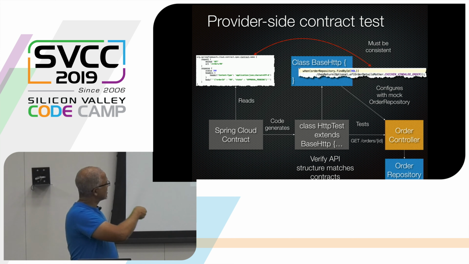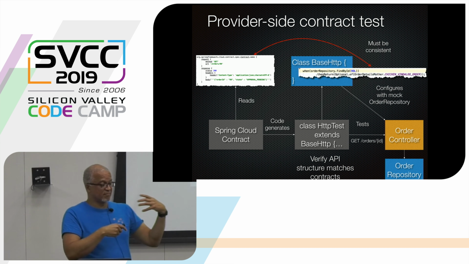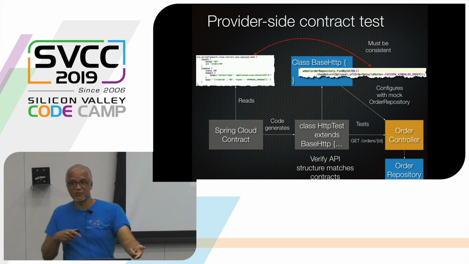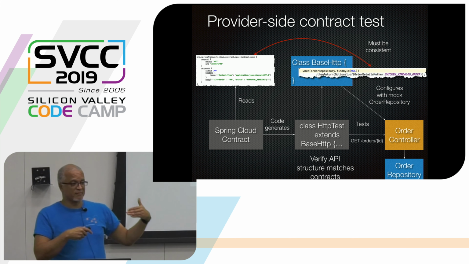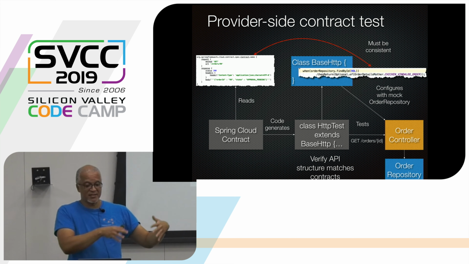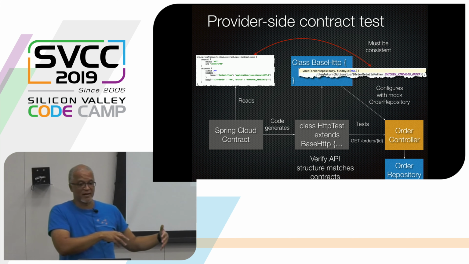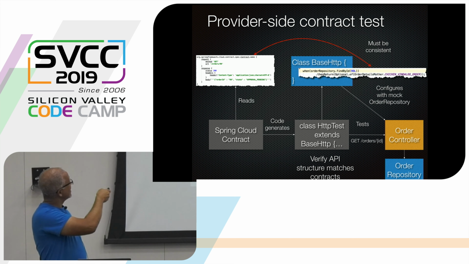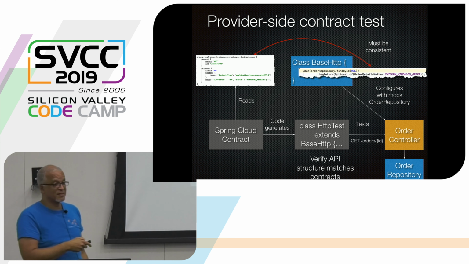So there's a bunch of complexity here, but basically we're testing this order controller class in isolation, and the code-generated tests send in the request from the contract and verify that the response that comes back matches the response in the contract. So it's saying, if it sends this in, verify that the response matches that.